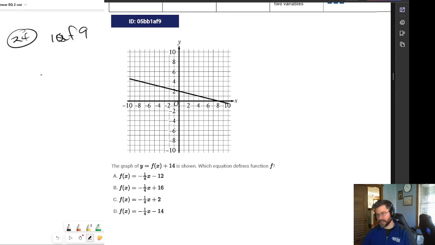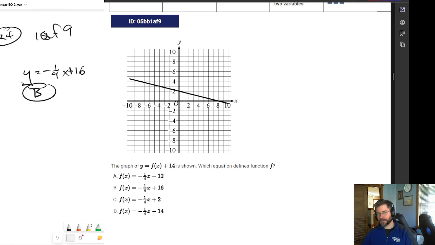Here we have, of course, y equals negative 1/4 x. All of the answer choices have the same slope there, so we don't have to really think about that. The y-intercept that's given is 2, so of course shifting up 14 units would put us at plus 16. So that's going to be answer B.